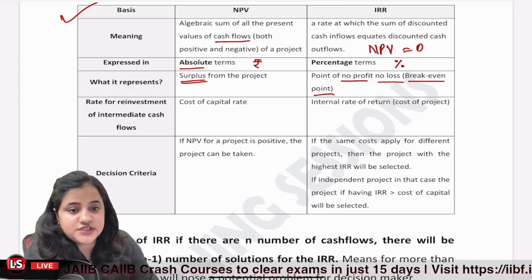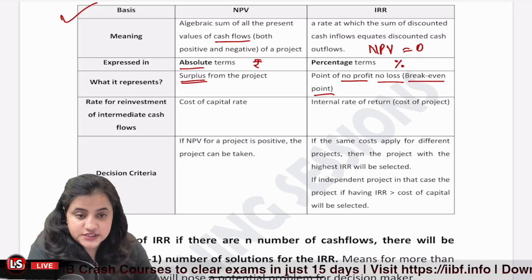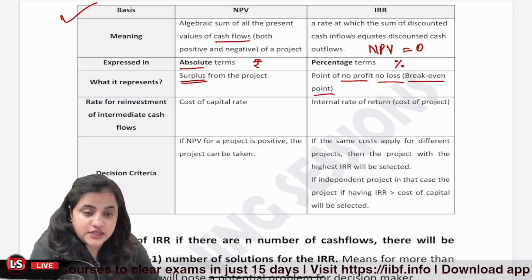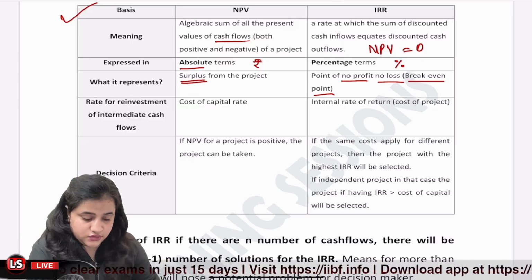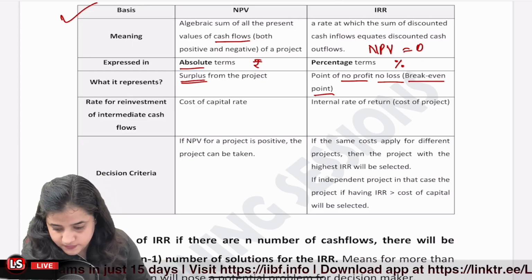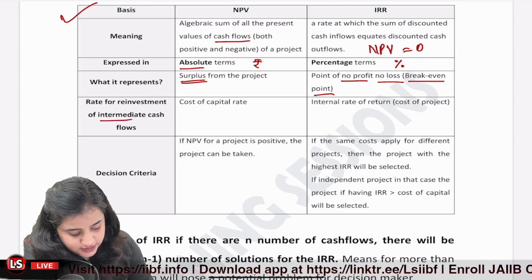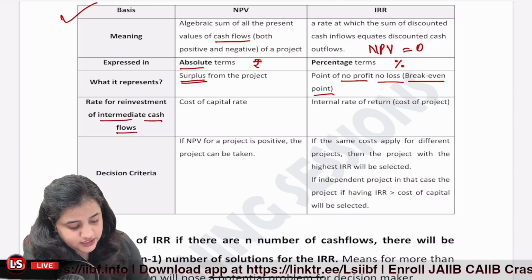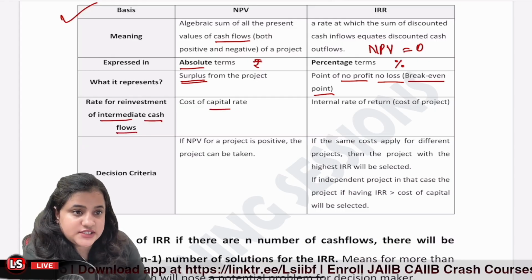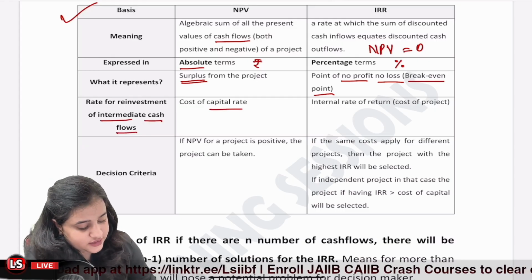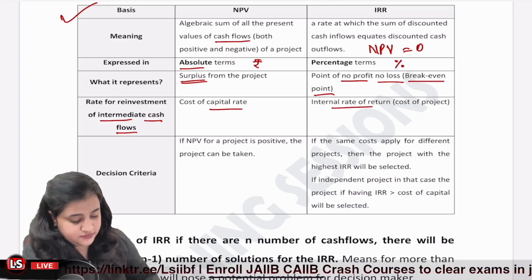Because see, NPV 0 means whatever we have invested is equal to what we're getting in return. There is no profit, no loss. And the rate of reinvestment for intermediate cash flow: in NPV we assume that reinvestment is at the capital rate, and in IRR we assume it is at the IRR.